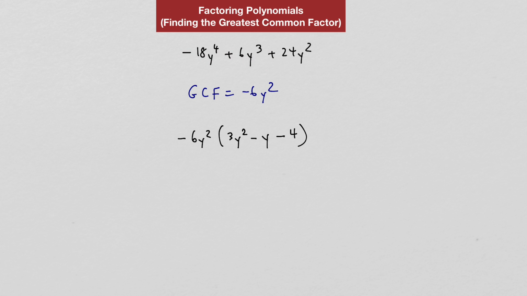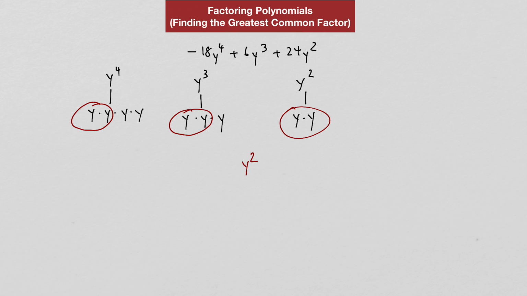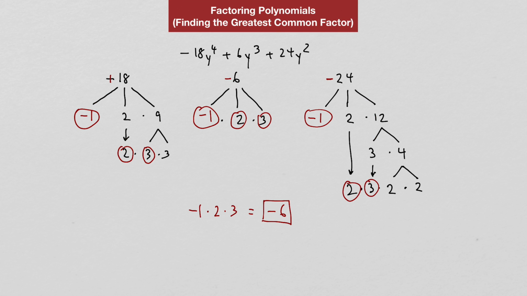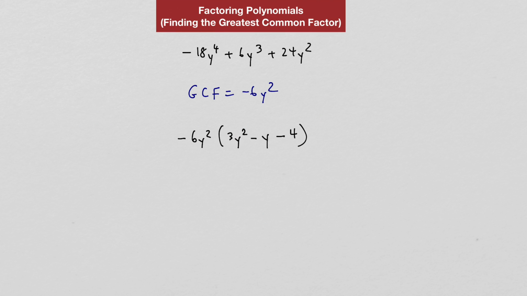And if you recall from step 1 of this problem, we changed these signs, right? When we take out a negative, this becomes positive. When we take out a negative, this comes out negative. And when we take out a negative, this comes out negative. So all of the signs change. So if you take a look, you see that this is now positive, negative, negative. And that's exactly what we have here. Positive, negative, negative.